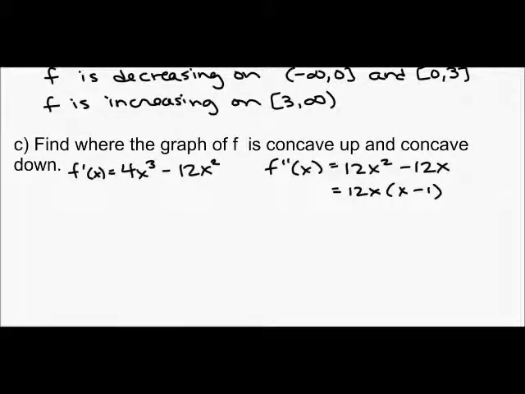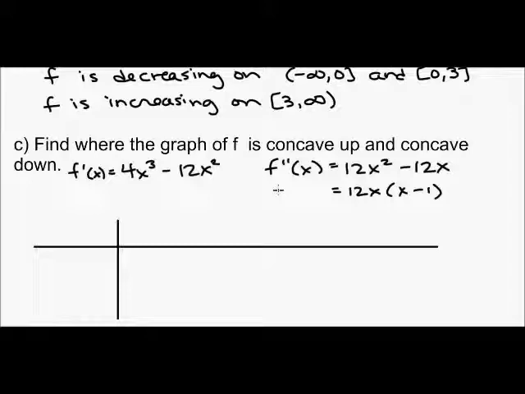And I know I'm going to use my sign chart. But first I need to find my critical points. So I need to set this equal to 0. So 12x equals 0 means that x is 0. X minus 1 equals 0 would mean that x equals 1. So my critical points are at 0 and 1.